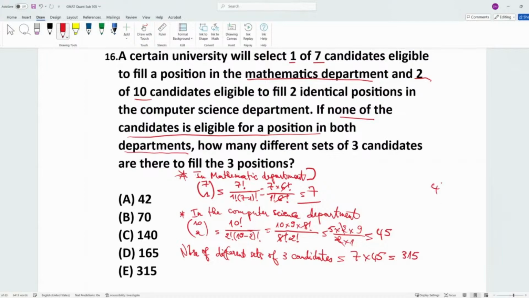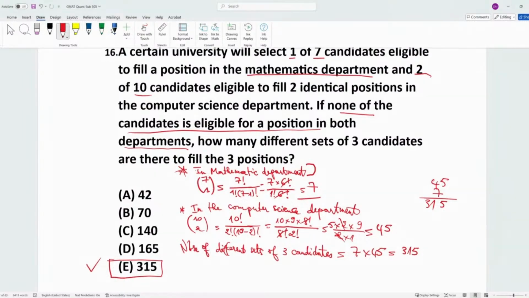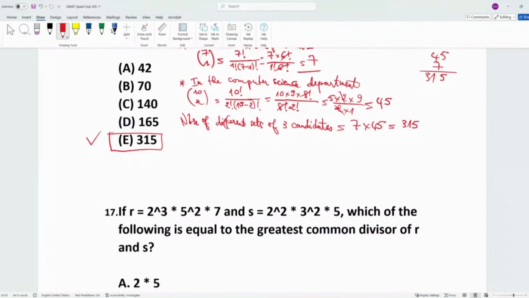Okay, 45 times 7, 35, 28 plus 3, 31. This is the answer. All right. So now let's move on to the next question.